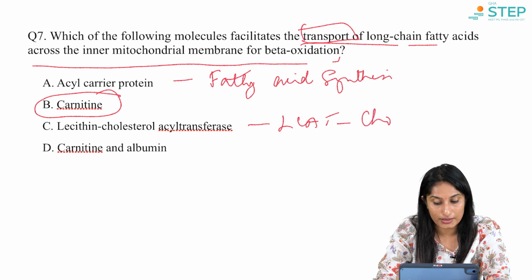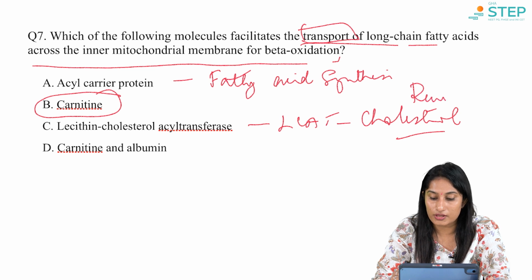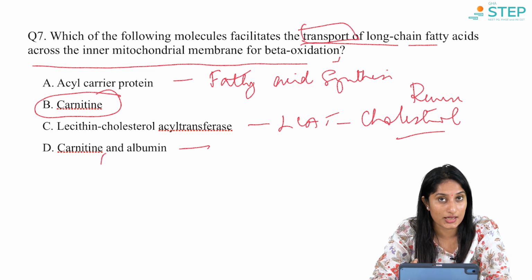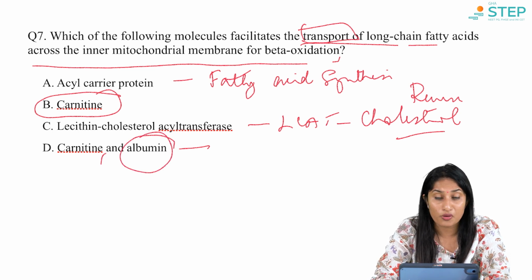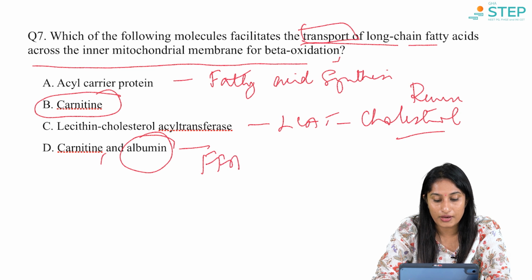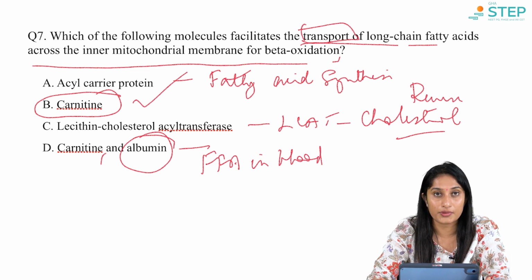Nothing to do with fatty acid metabolism, it is to do with cholesterol or reverse cholesterol transport. So we are ruling that out. Carnitine and albumin: partially correct, it is carnitine, but the option also has albumin. Albumin will only carry the free fatty acids in the blood and will not help in the transport. So the correct answer is option B.